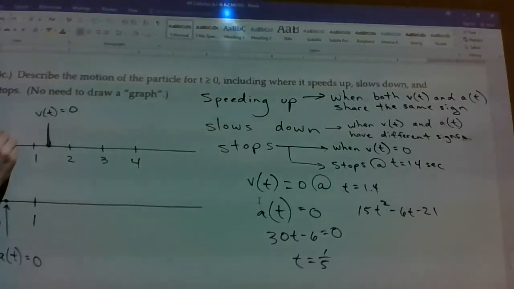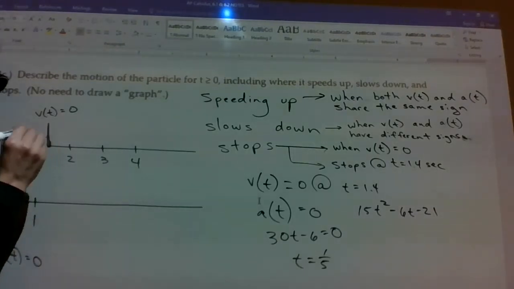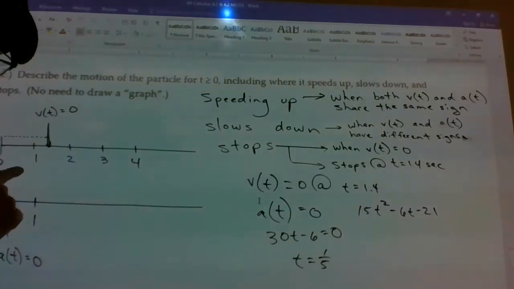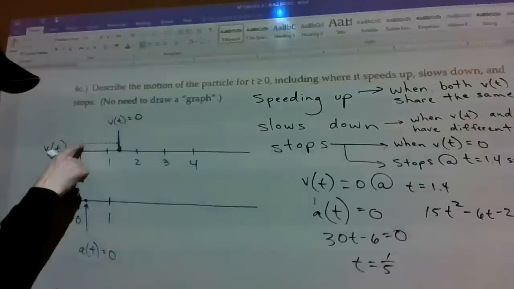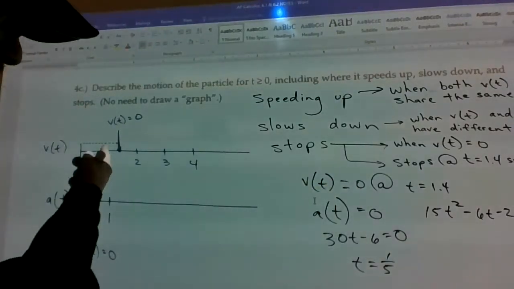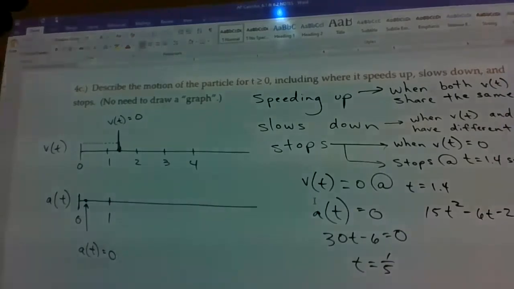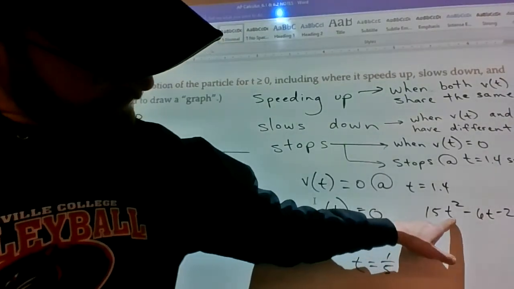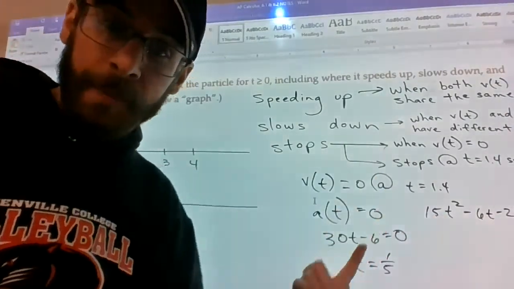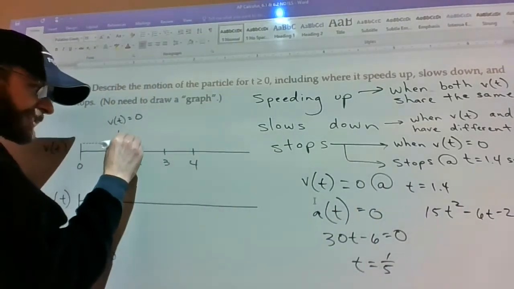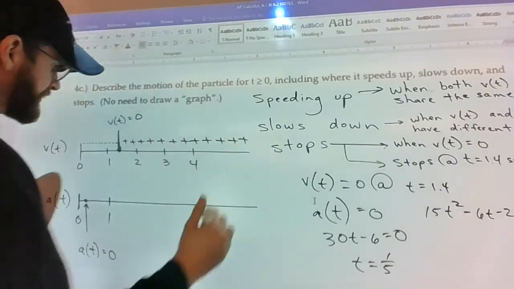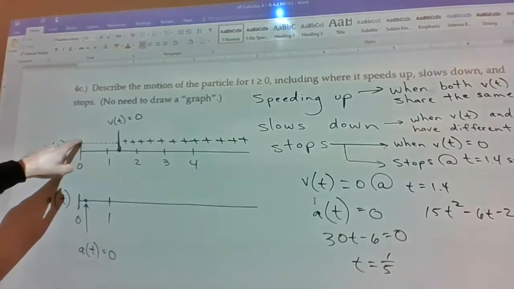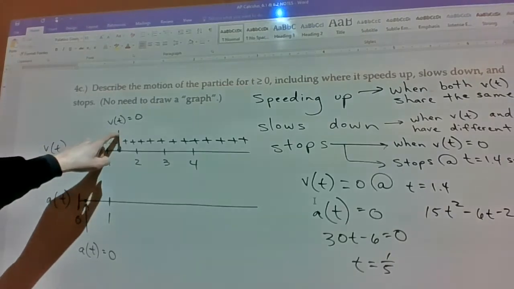So from 0 to 1.4, our velocity is always negative. Plug in a number bigger than 1.4, like 2, and you get 60 minus 12, which is 48, minus 21. That's going to be positive. So the velocity is always positive here. So the particle is moving left, then the particle is moving right.